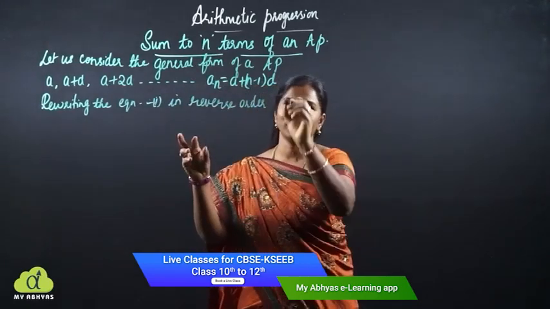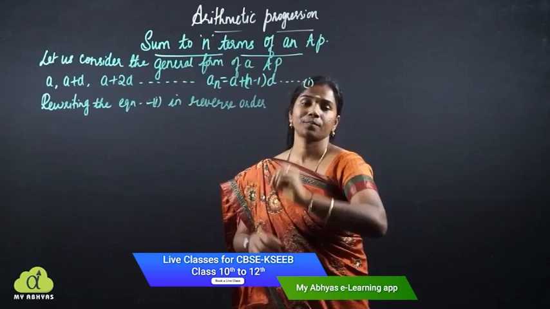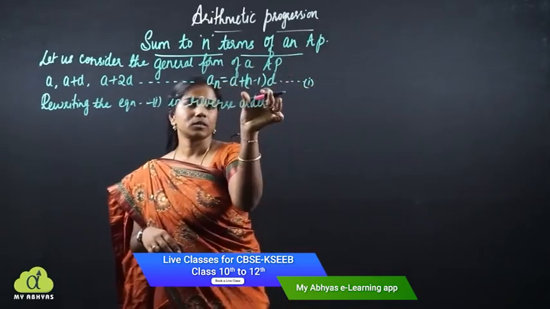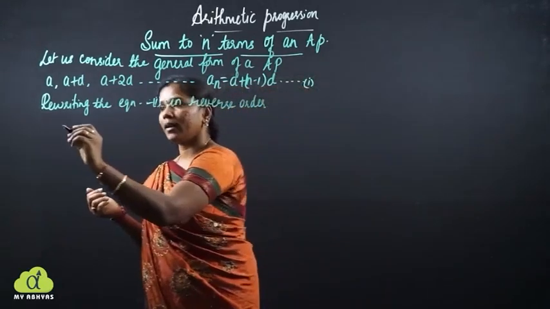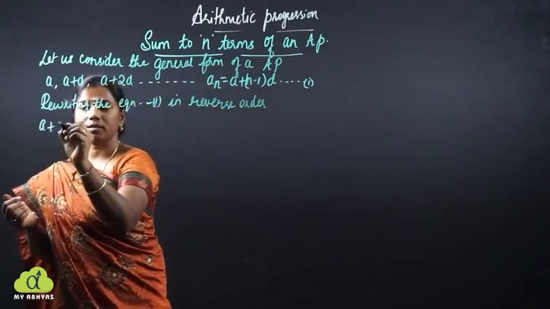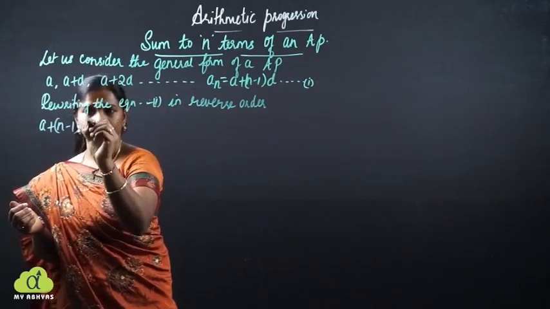Now, this is the last term. The last term will become the first term now: a plus n minus 1 into d.